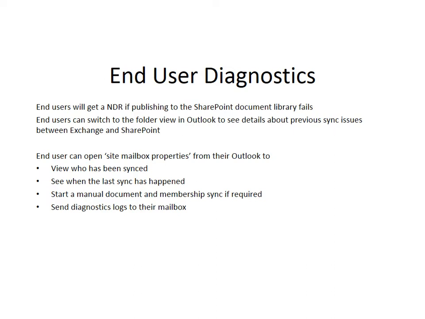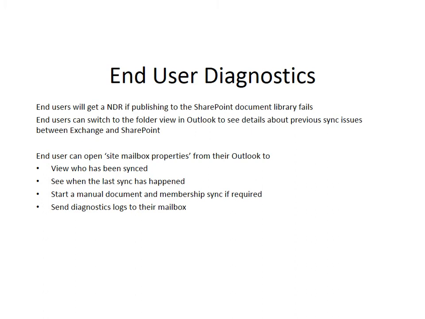They can start a manual document or membership synchronization if it's required, and they can also use a send diagnostics option to send logs to their mailbox, and then they can review it, or they can send it to the Exchange admin or SharePoint admins to figure out what the problem is, which will help end users and administrators both to understand the problems with the site mailboxes.